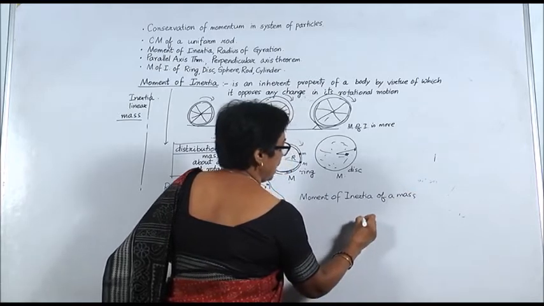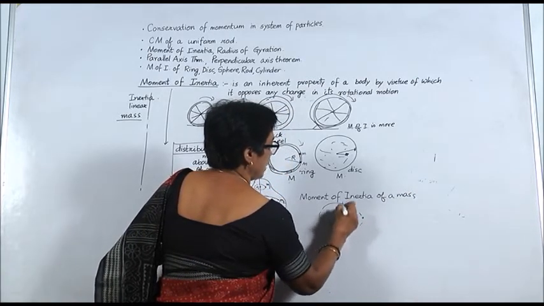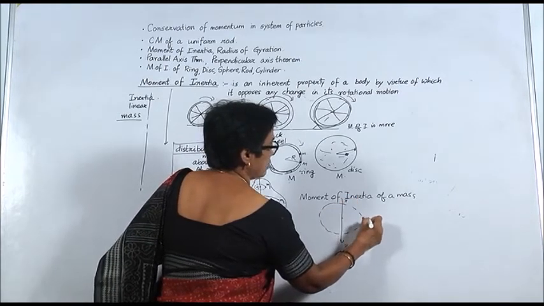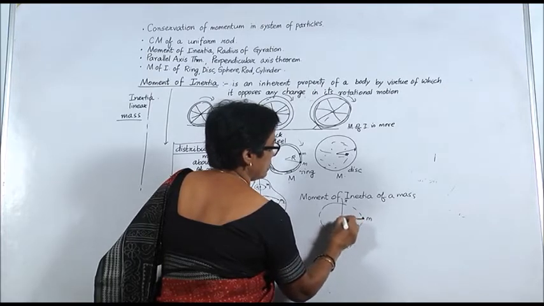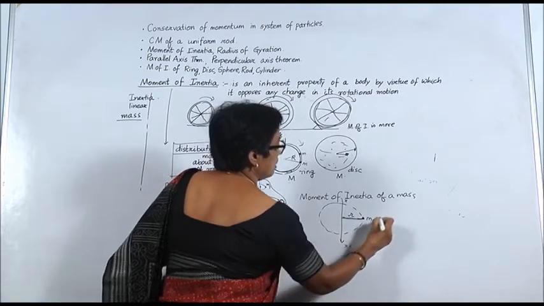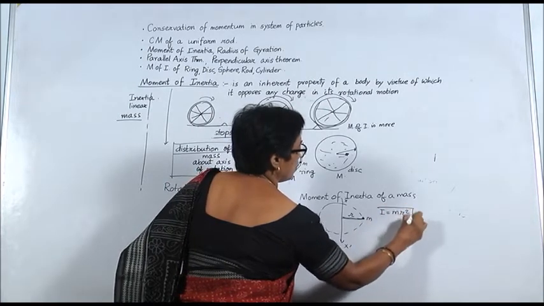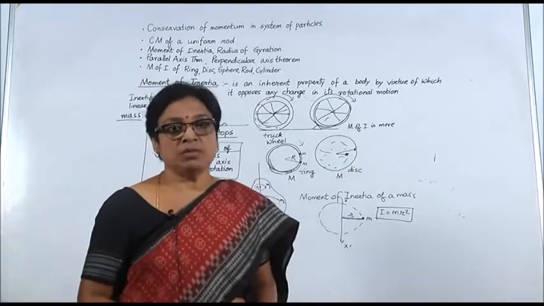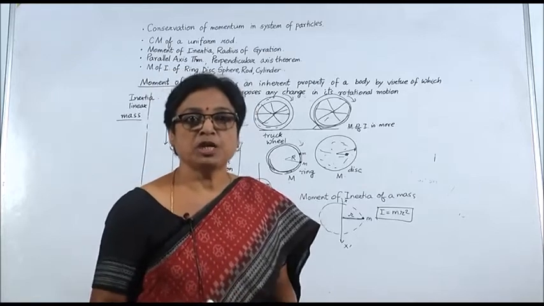Let us say there is a mass which is rotating about this axis. This is the axis of rotation and this is the mass. Then take the perpendicular distance, if this is r, then the moment of inertia is m r square.